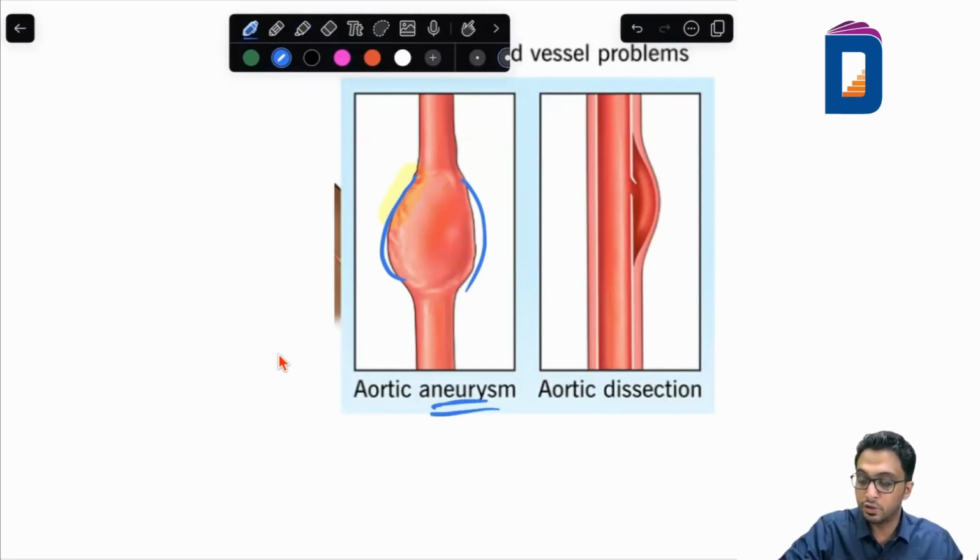I'll give more details on this. There are different layers: intima, media, externa. Once there is a break in the layers, it is called aortic dissection, and this leads to death of the patient. Dissection means broken. By dilatation it becomes weak, with degeneration and all.